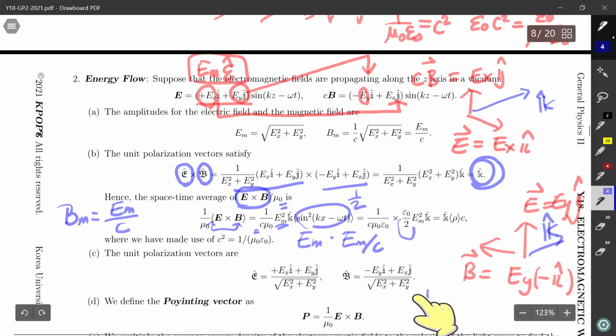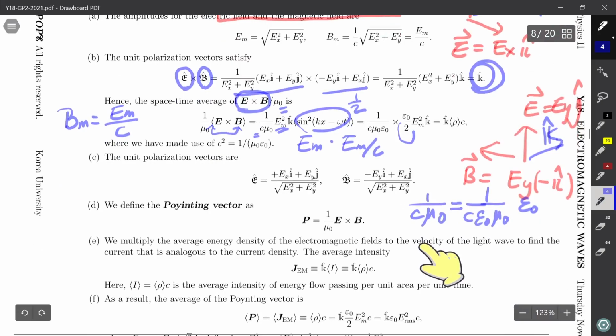We have 1 over c mu 0 in the denominator, and why don't we multiply c epsilon 0 mu 0. So we multiply epsilon 0 in the numerator, and this is 1 over c multiplied by c squared, that is c.